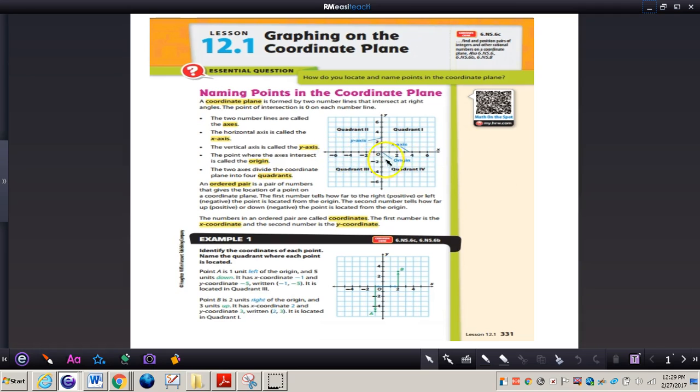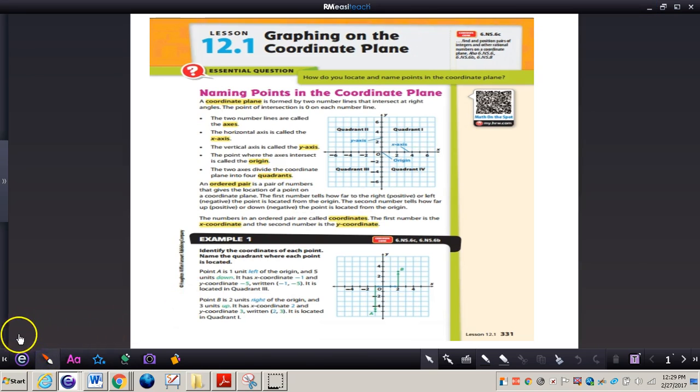So it always tells you the x-axis first, which way to go, to the right if it's positive, or to the left on that x-axis if it's a negative number. So you always think about x comes before y, so you're moving along the x-axis before you move along the y-axis. Now the second number tells how far up, positive, or down, negative, the point is located from the origin.